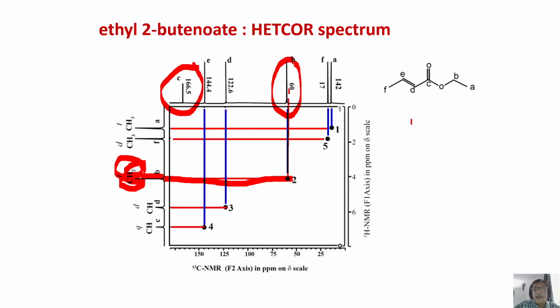It has to be this carbon, because this carbon has no directly attached proton. As a consequence, in the HETCOR experiment, this carbon will not give rise to any cross peak. This is the important point you should remember: you get peaks only for the carbons that are attached to protons in HETCOR.